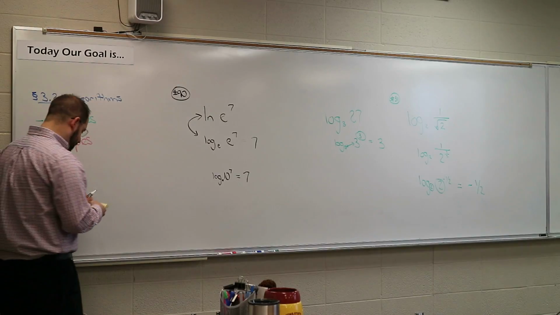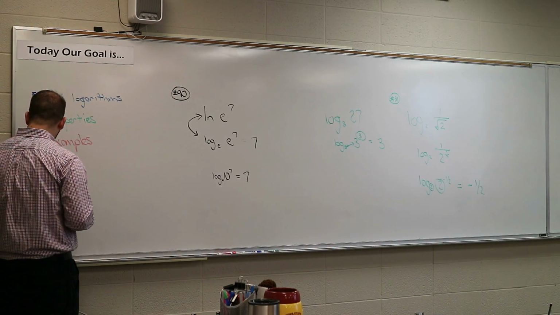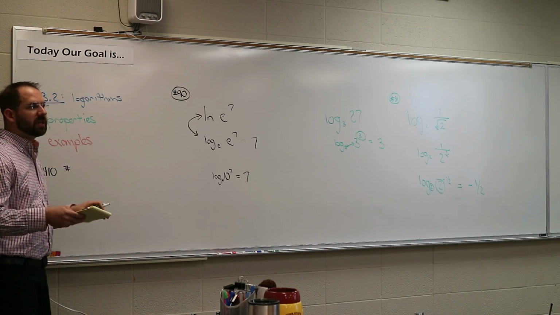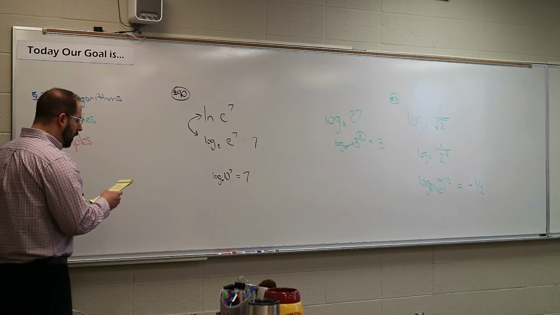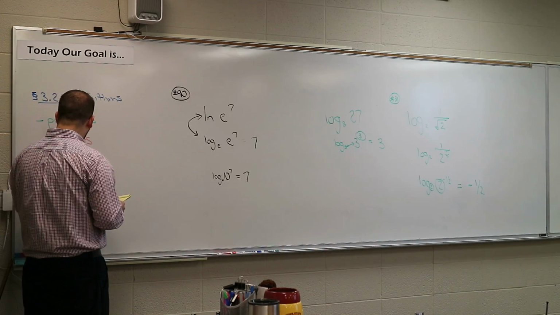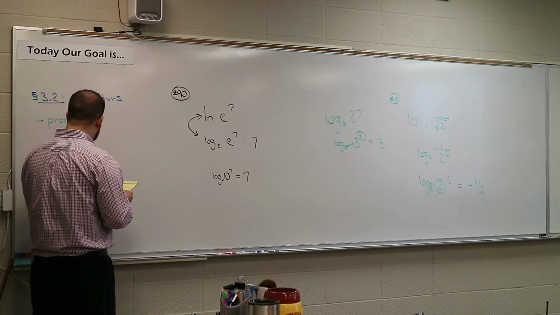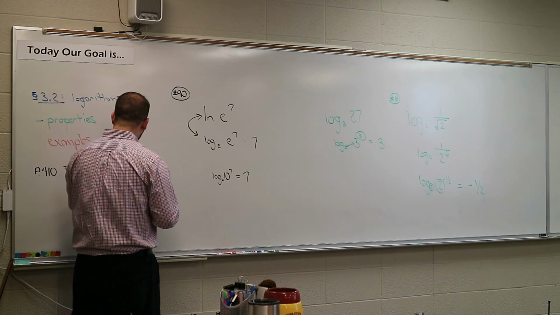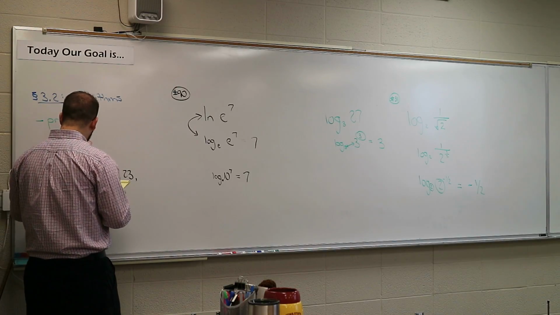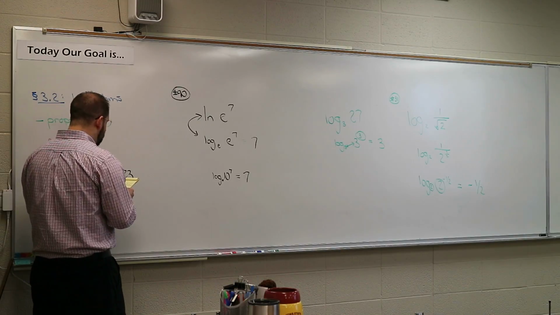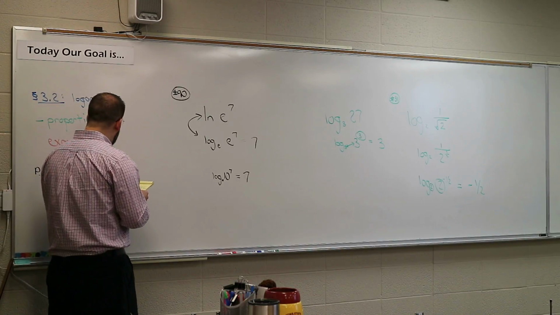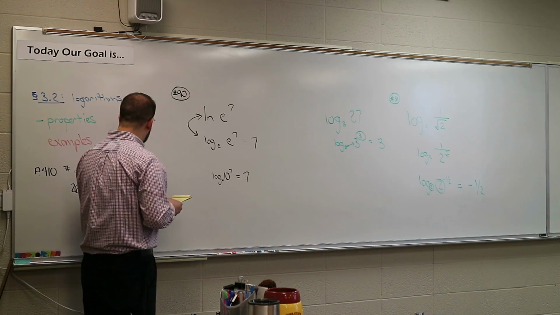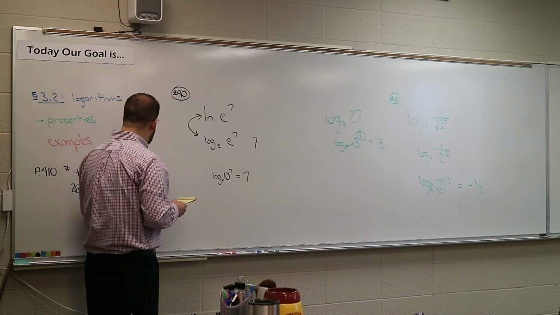Here's your homework. Page 410. I'm going to jump around a little bit because I didn't pick them in order. Problem number 4, 8, 10, 13, 23, 26, 30, 41, and 82 through 98, the column going down.